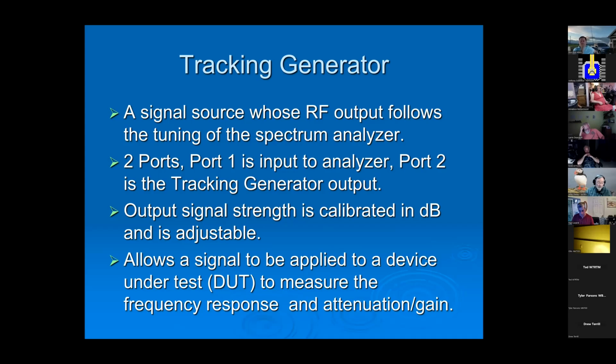So if it's a filter, a piece of coax, a connector, DUT is always that device under test. There you're going to be measuring the frequency response, the attenuation. You may also be looking at an LNA, a low noise amplifier, so you could also be looking at gain. So that's a device under test.